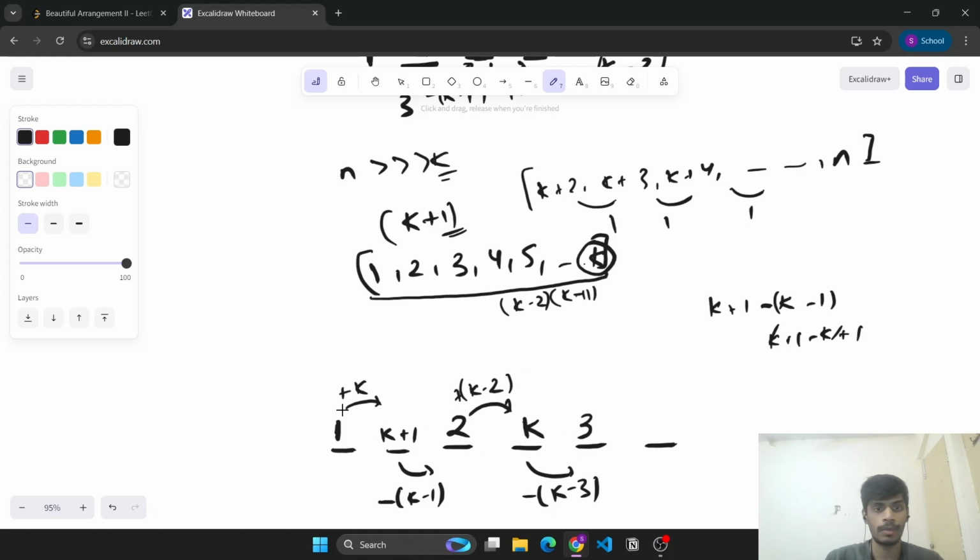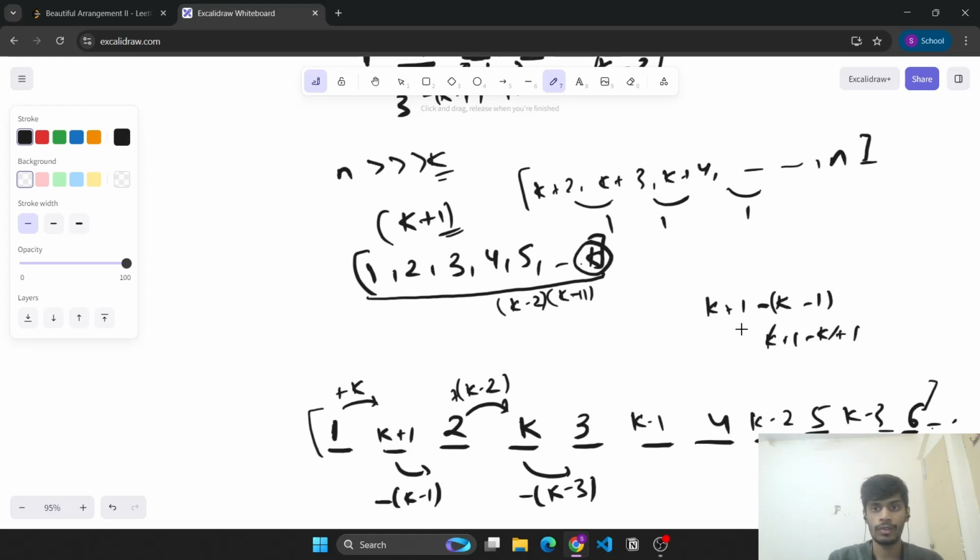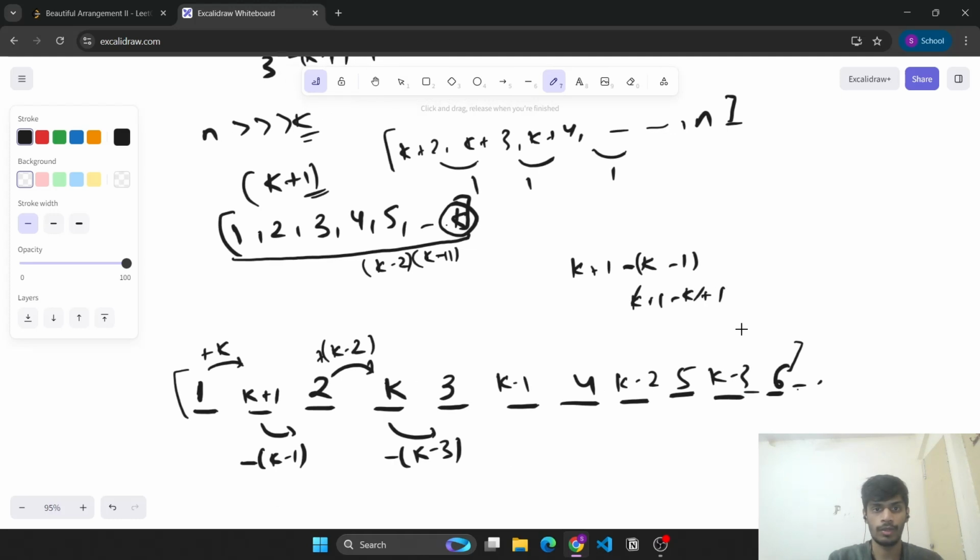We'll get this pattern 1, then 2, then 3, then here will be 4, then here will be 5, and so on. Then here will be k plus 1, then k minus 1, then k minus 2, then we have k minus 3, then 6, and so on. And using only k plus 1 numbers, we would have satisfied the condition.